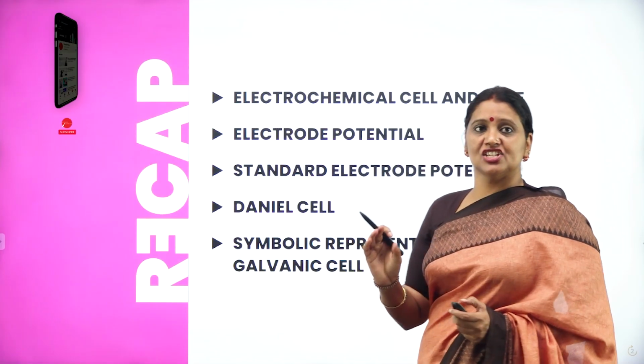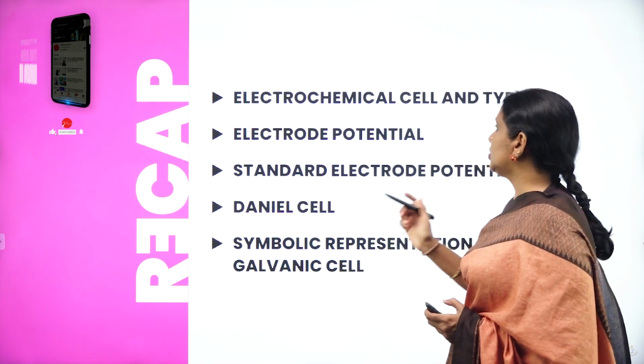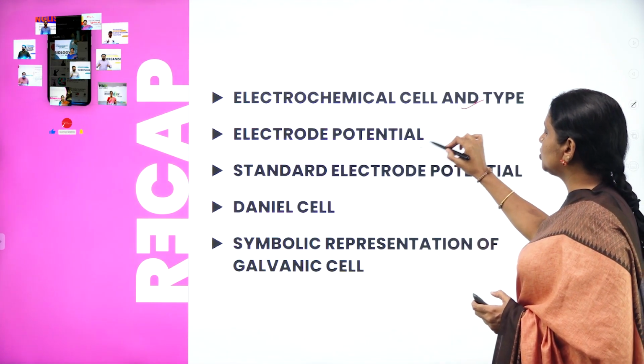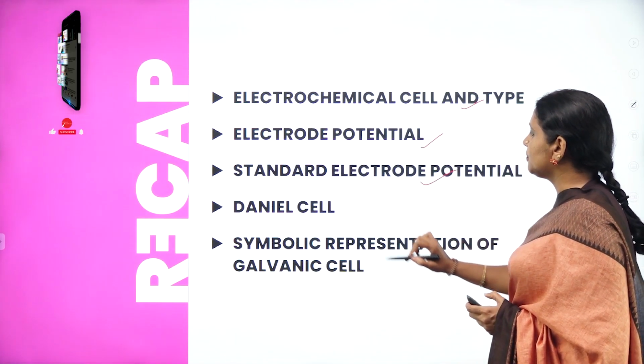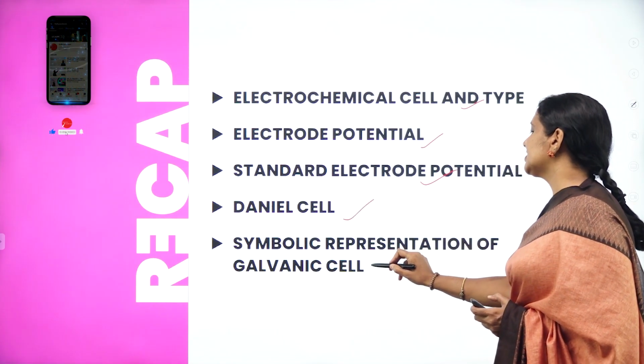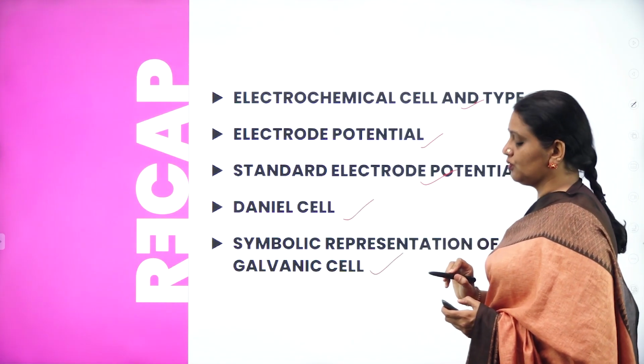In the previous session, I discussed about electrochemical cell and type, electrode potential, standard electrode potential, Daniell cell and symbolic representation of galvanic cell.